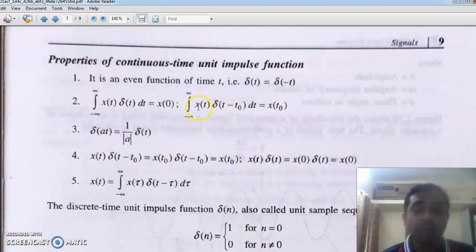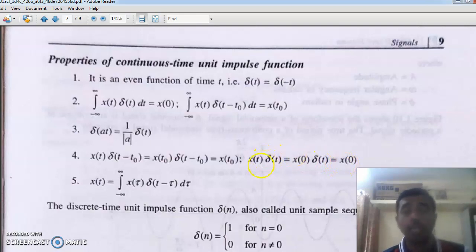So even though x of t spans from minus infinity to plus infinity, when I find the product, we get a value only at t naught, so I'll get the result x of t naught. Likewise, here also we get x of t naught.